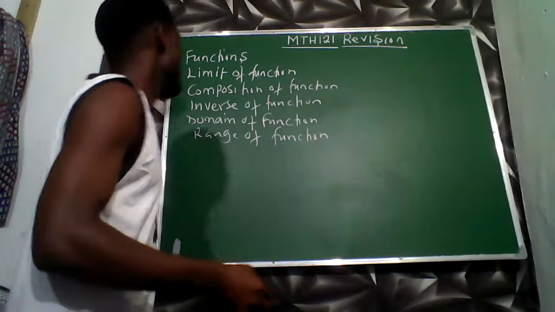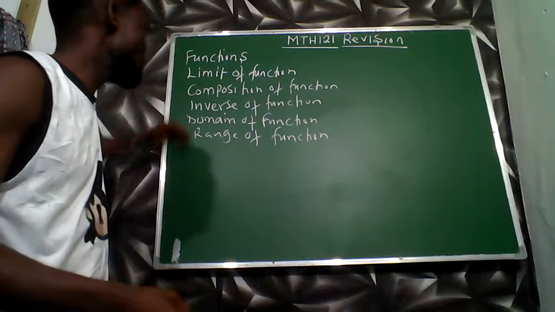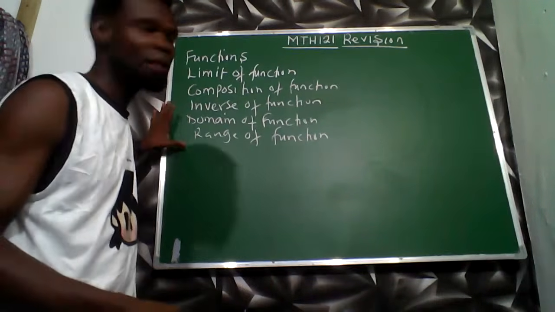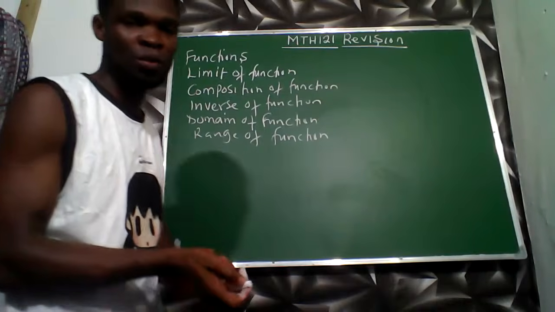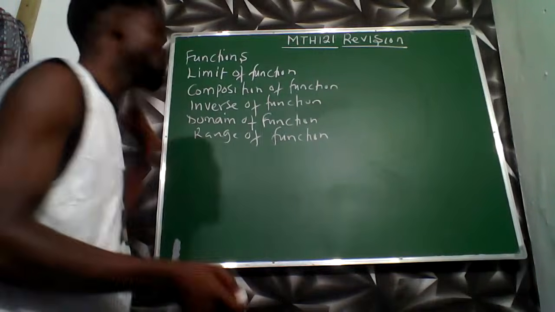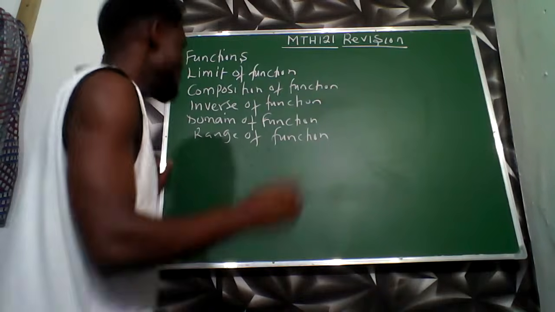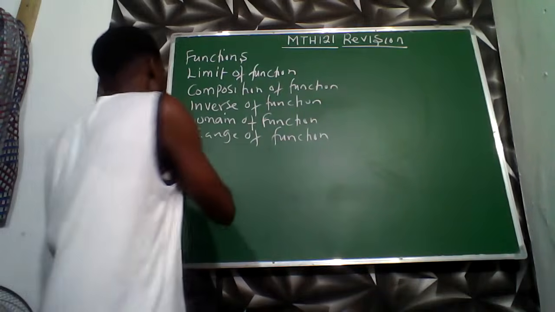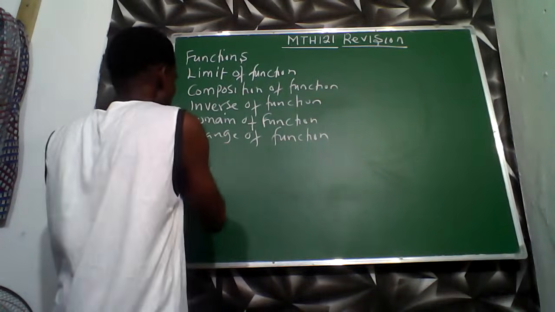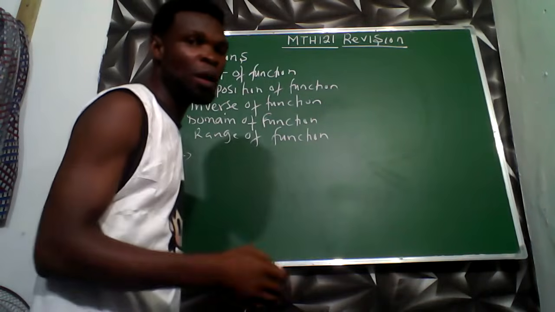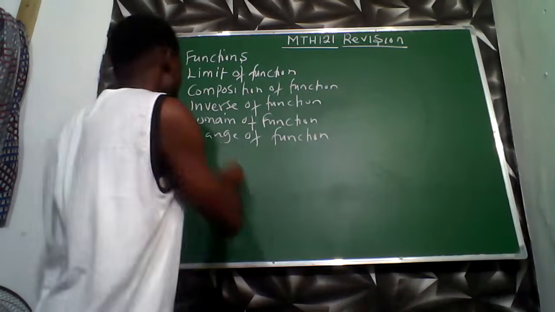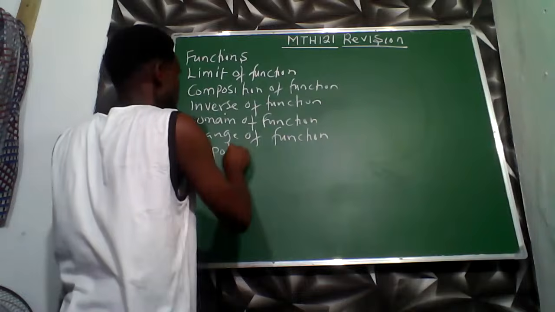Okay. So what I mean is that these are the areas we are going to be looking at as we are going to be solving the past questions. These are the areas we'll be focusing on, which is very, very important. And then under differentiation, we are going to learn how to differentiate function. I believe these are the things you learned: how to differentiate polynomial function.